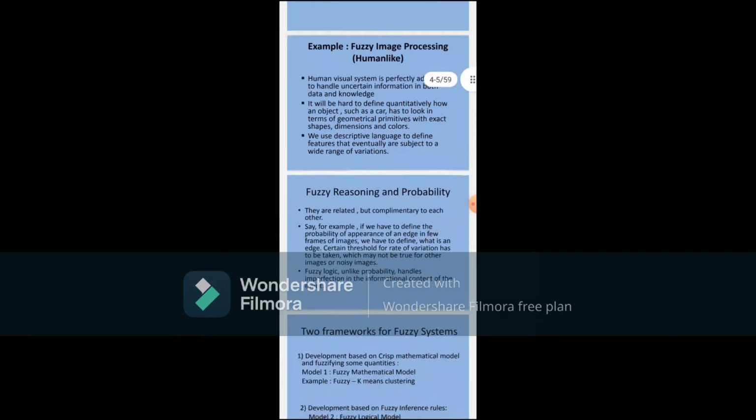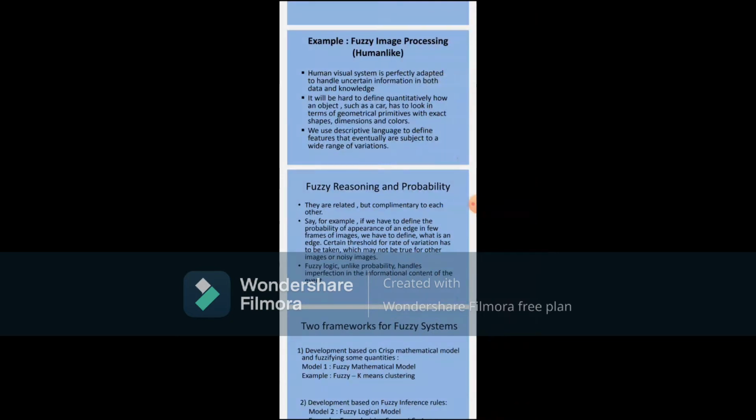It will be hard to define quantitatively how an object such as a car has to look in terms of geometrical primitives with exact shapes, dimensions, and colors. We use this descriptive language to define features that eventually are subjected to a wide range of variations.